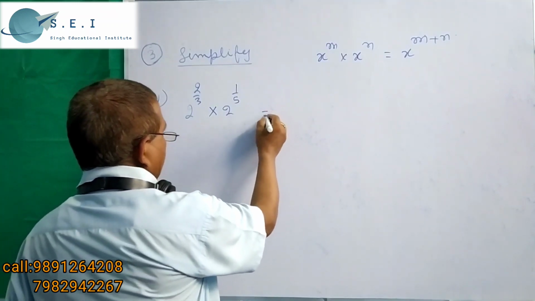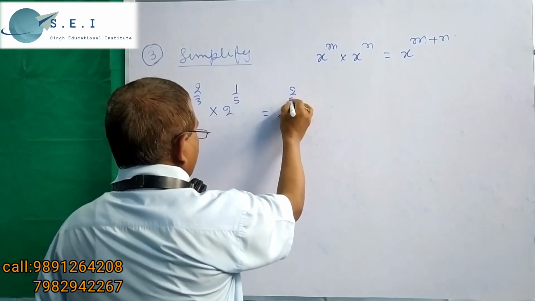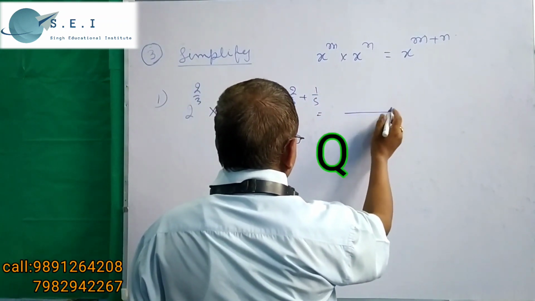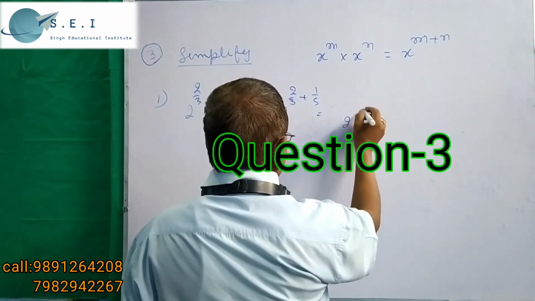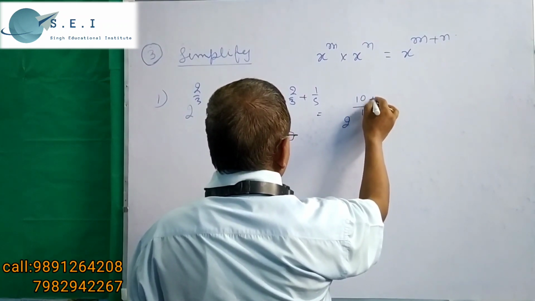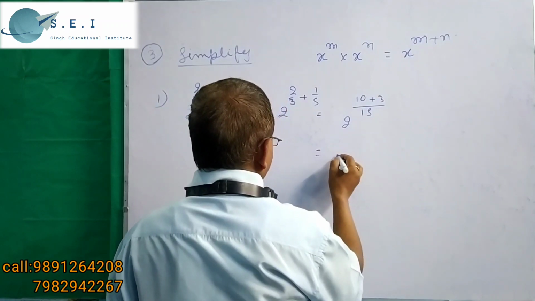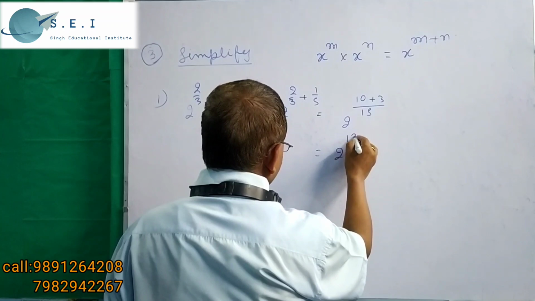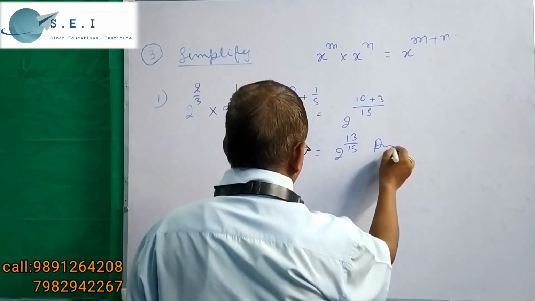Base is same, so powers may be added, which is 2 by 3 plus 1 by 5. Take LCM of 3 and 5, which is 15. 3 5s are 15, 5 2s are 10, plus 3, which is 13 by 15. 2 to the power 13 by 15 is the answer.